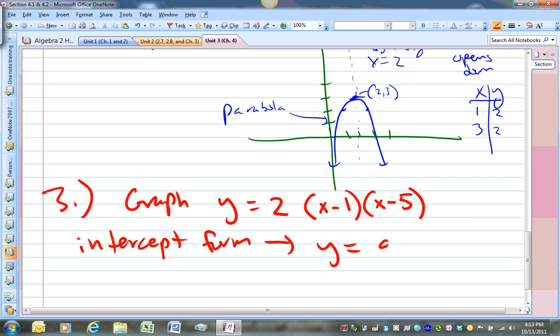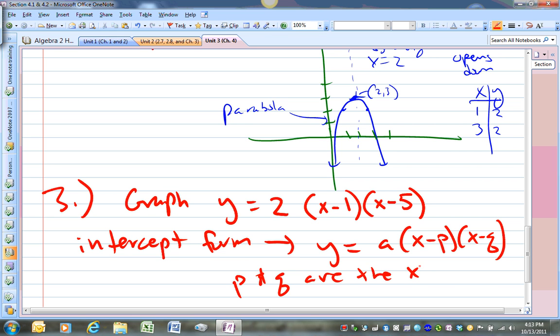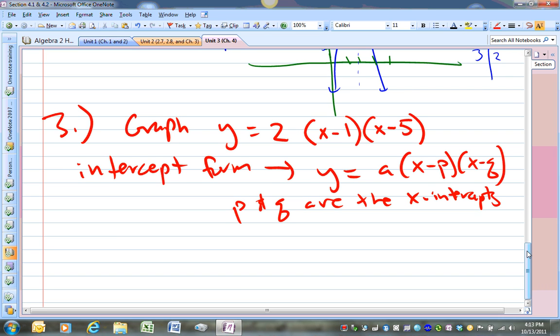Which is y equals a, x minus p, x minus q. P and q are the x-intercepts. It's a rare form because not all graphs or functions tend to follow this. So, yeah, because some graphs may never touch the x-axis, or may touch only once. So it's not a form that's used often, but if you see it, you should recognize it's intercept form.